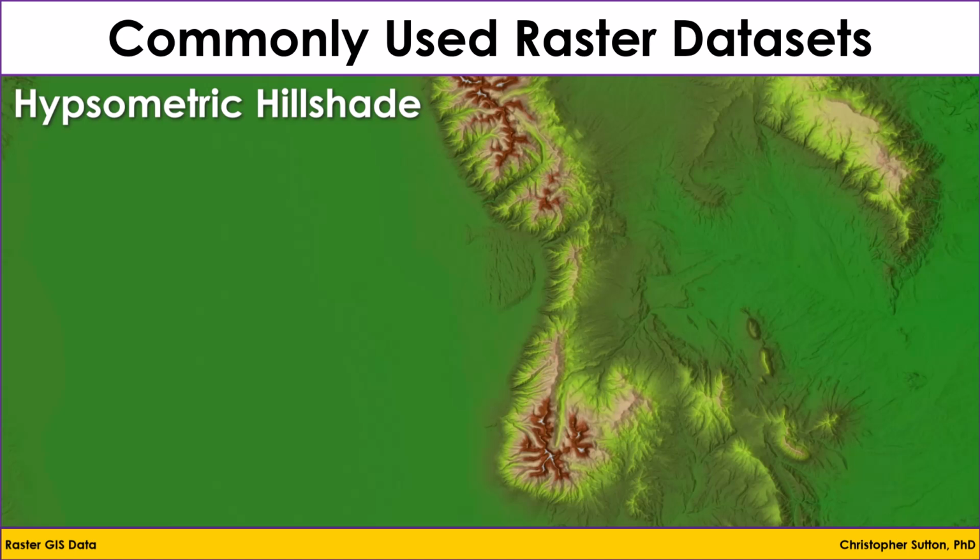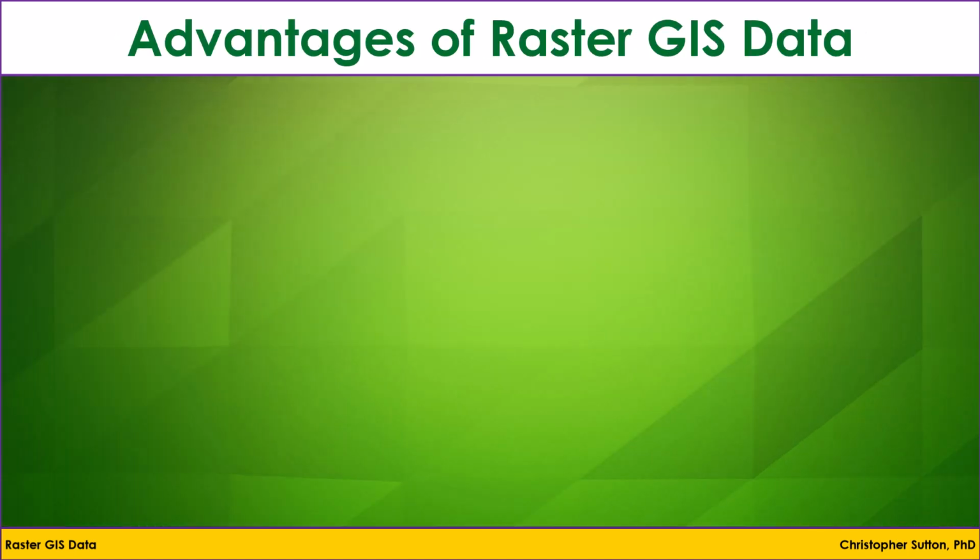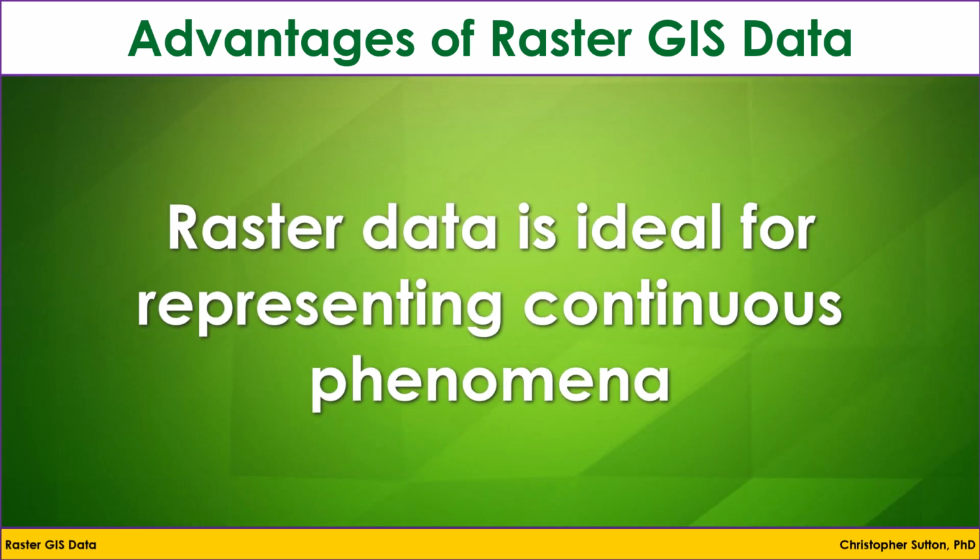Hypsometric means elevation. As we did with vector GIS data, let's examine the advantages and disadvantages of raster data. Raster data is ideal for representing continuous phenomena like elevation, temperature, rainfall, and land cover. Each cell in the raster can store a value, making it suitable for modeling gradients and smooth transitions.